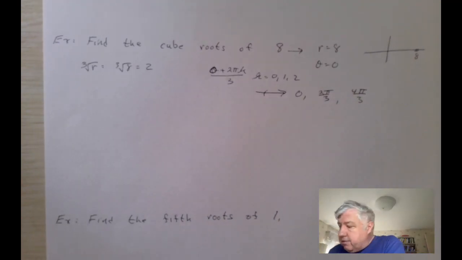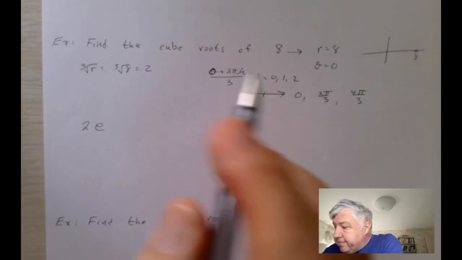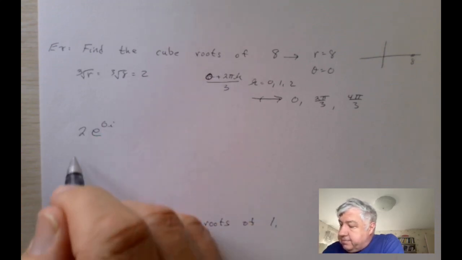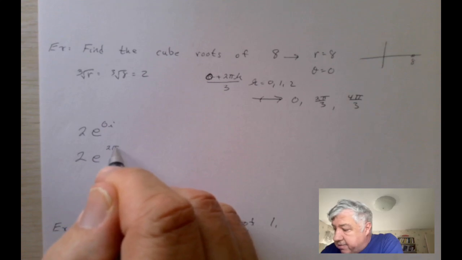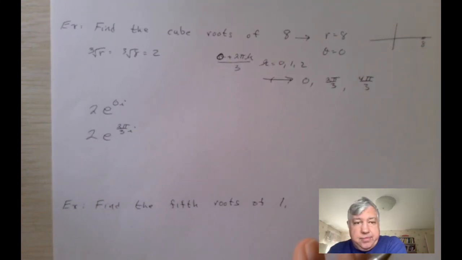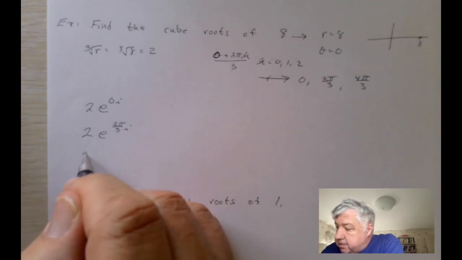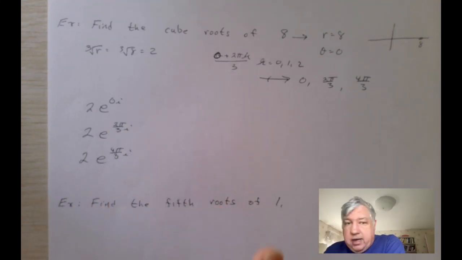Okay. So the 3 solutions would be 2 times e to the 0i. The second one would be e to the 2 pi over 3 times i. And this last one would be e to the 4 pi over 3 times i.